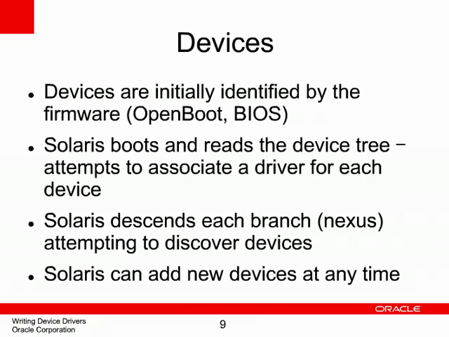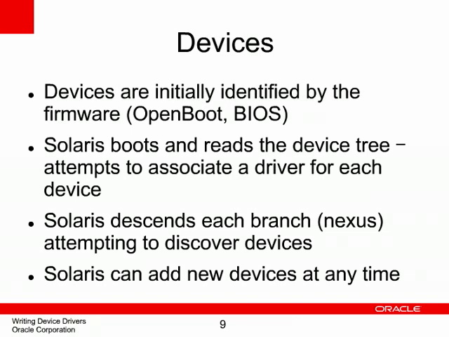So then the operating system boots, in this case Solaris, and reads the device tree provided by the firmware. Now, again, not all the devices have been identified, but then Solaris attempts to descend that tree of devices and associate a device driver with each device, starting at the root node, traversing down each branch until it reaches a leaf node.